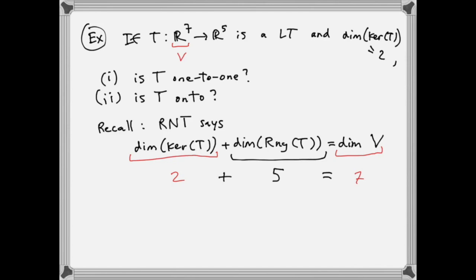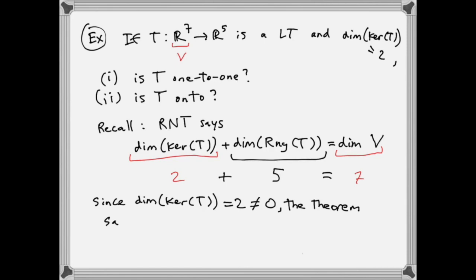So let's go ahead and answer both questions. Let's start with the one-to-one part. Since the dimension of the kernel is 2, which is not 0, the theorem says that T is not one-to-one.